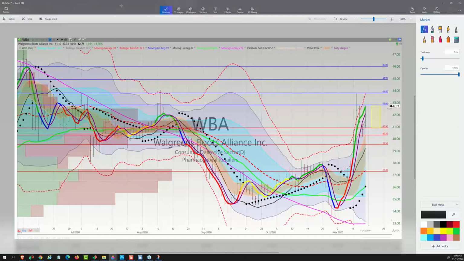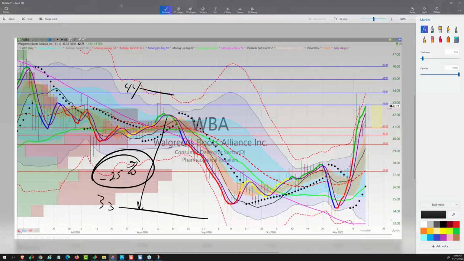Walgreens was not, and the size of this sell-off was bigger than the rest of the market. So this went from 44 to 33, and that's a minus 25%. This collapsing dragon was just horrible.